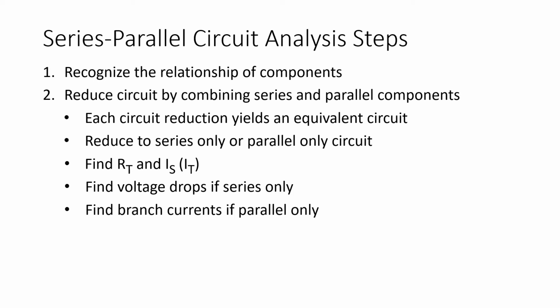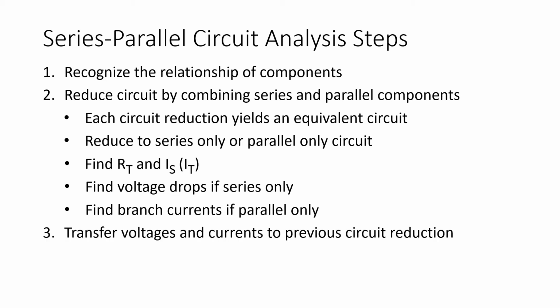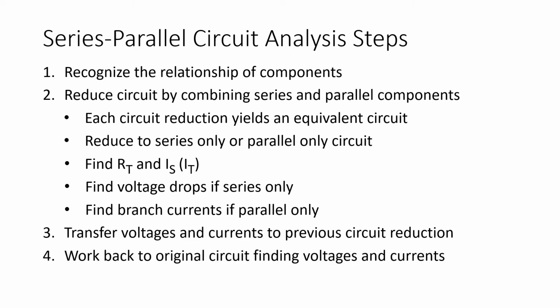If our reduced circuit is a series only circuit, we find the voltage drops in that circuit. If our reduced circuit is a parallel only circuit, then we find the branch currents. We transfer those voltages or currents back to the previous circuit reduction, working back to the original circuit, finding the voltages and currents.